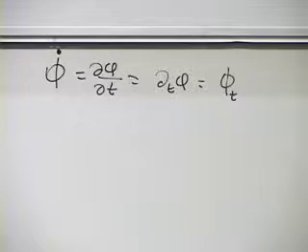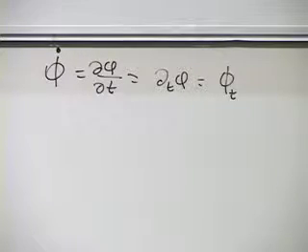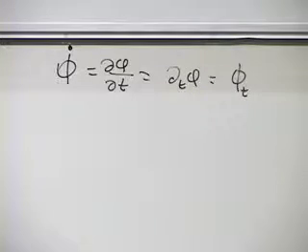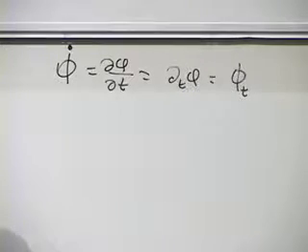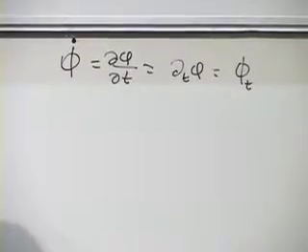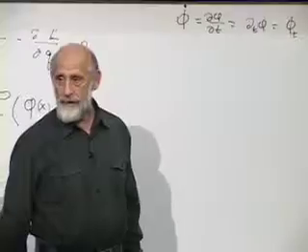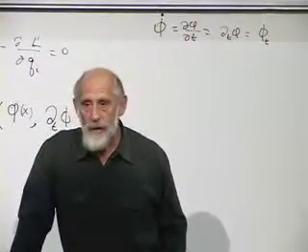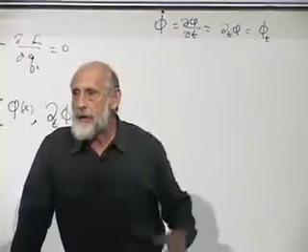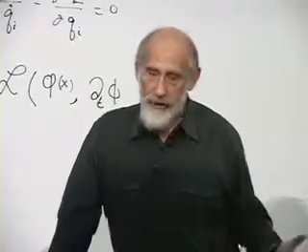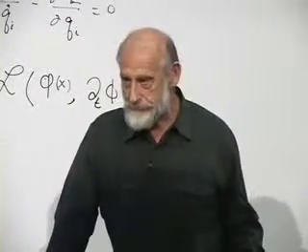All the same thing. Isn't phi dot really the total derivative, not the partial? No, it's the partial. That's what I mean by phi dot. If a thing depends on more than one variable, and phi depends on more than one variable, then it has a collection of derivatives with respect to each variable.